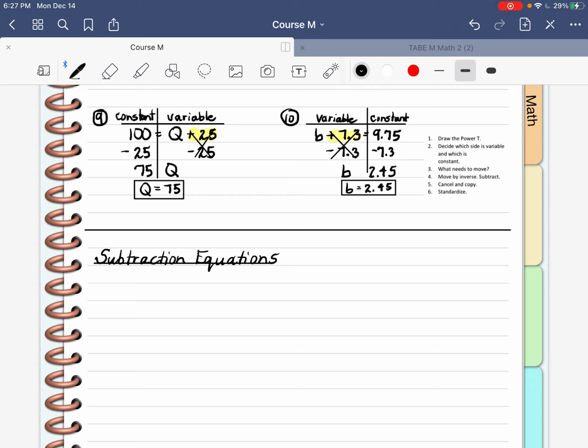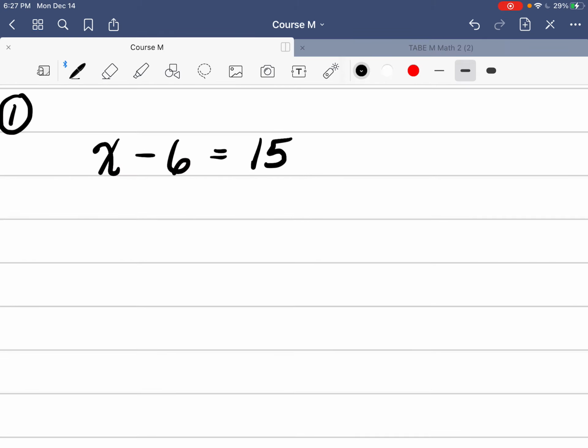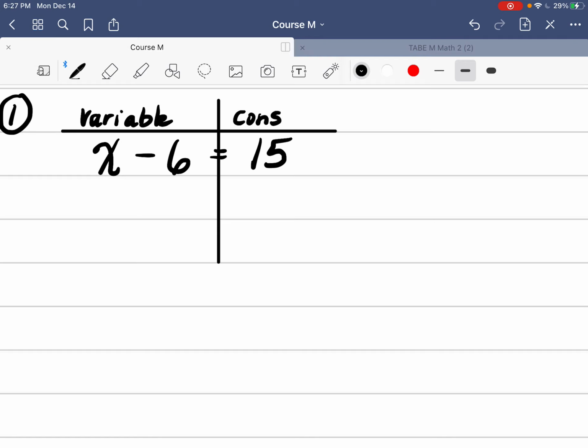So here is the first one. X minus 6 is 15. First step, say it with me, draw the power t. Second step, decide variable and constant.